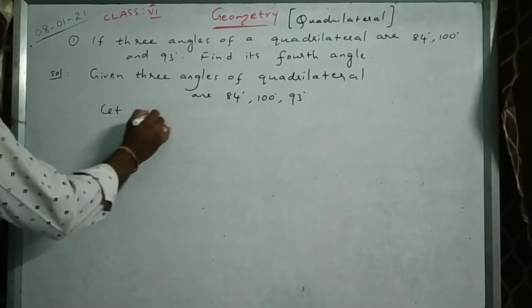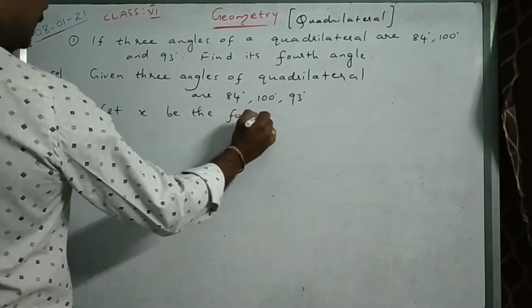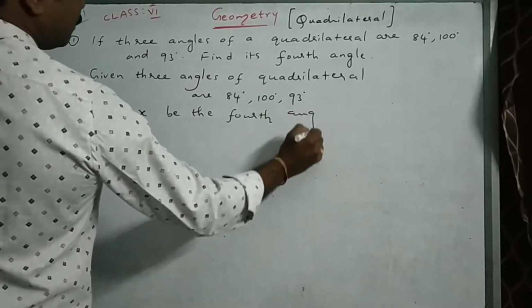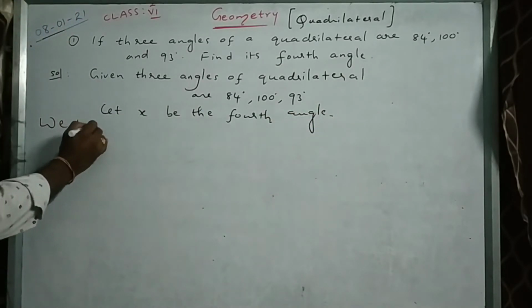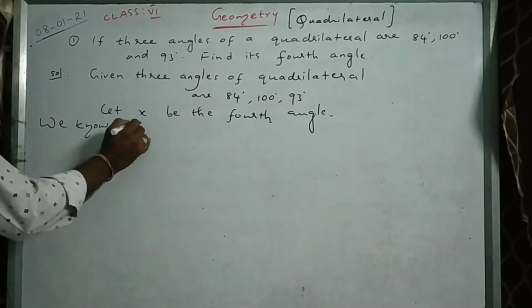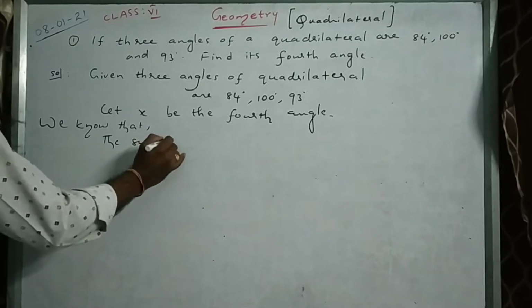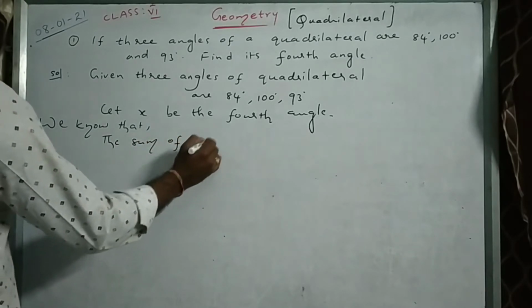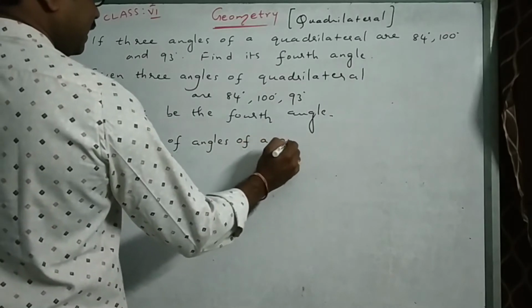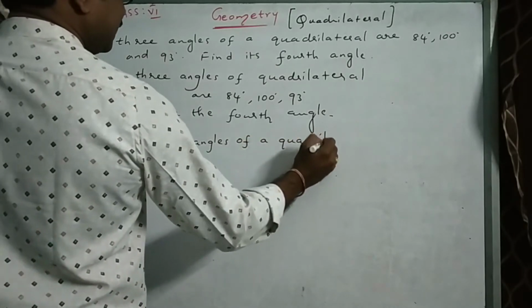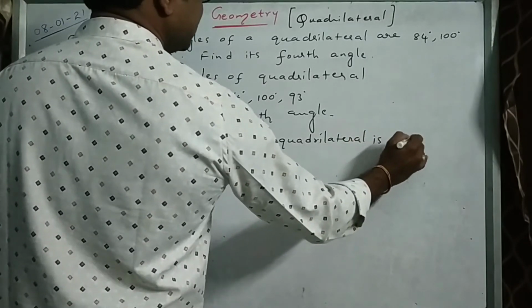Let x be the fourth angle. We know that the sum of angles of a quadrilateral is 360 degrees.